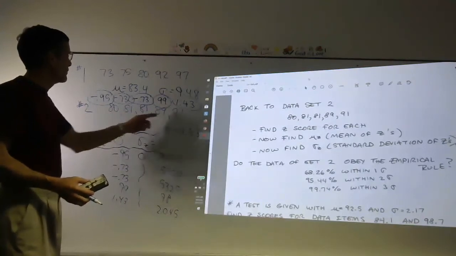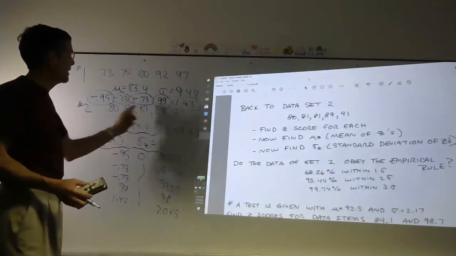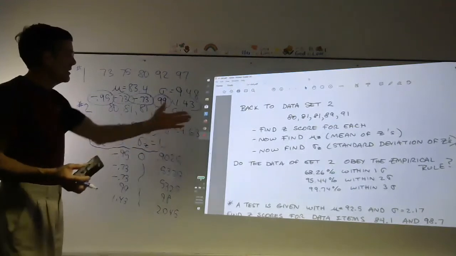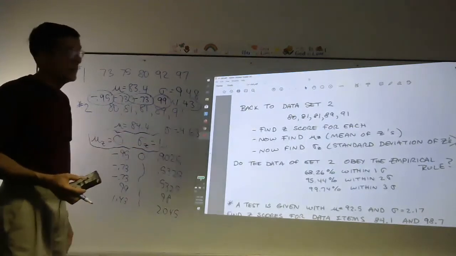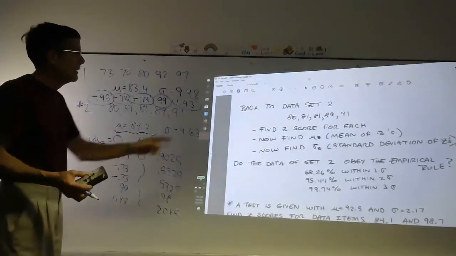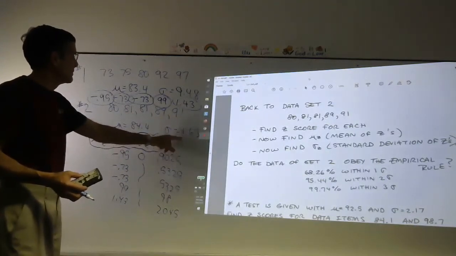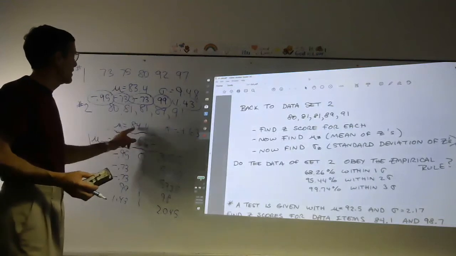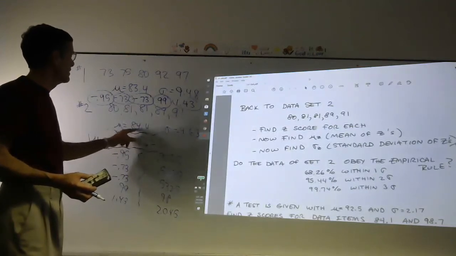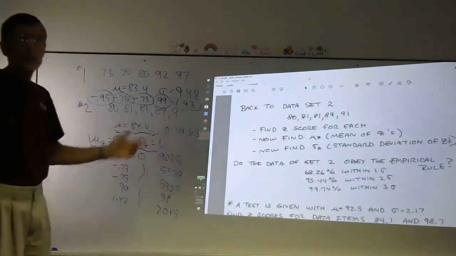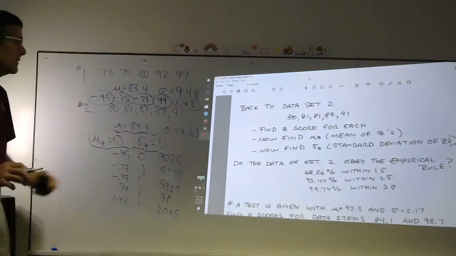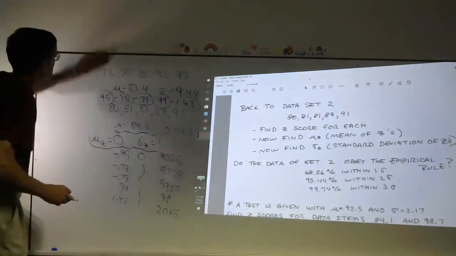Well, good grief, 80 to 88, yeah, easily 68%. In fact, almost all the data is within 1. But almost all should be within 3, which is roughly 12 or 13 on either side of this, like 97 to 71, easily. It's in there, okay? So remember your empirical rule.